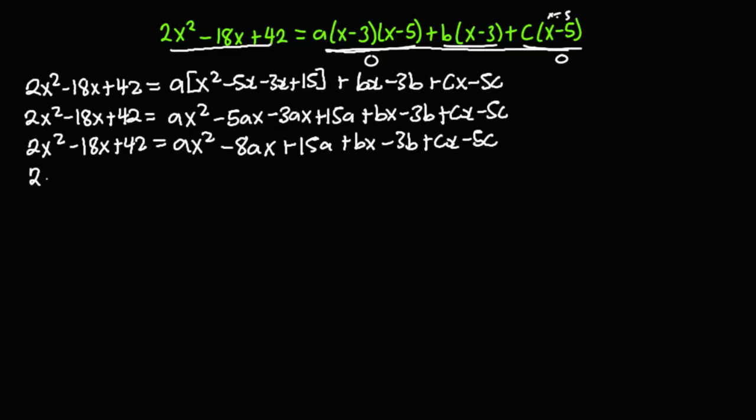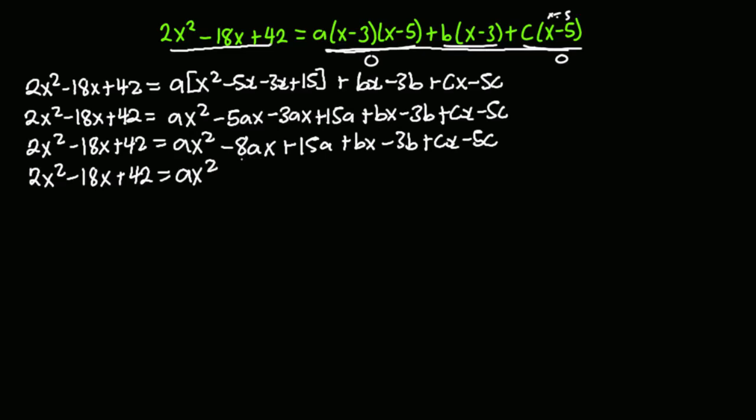So I'll end up with 2x squared minus 18x plus 42 is equal to, now what I'm going to do is that I am just going to group like terms. That is all the terms with x attached. I'm just going to factorize the x out.